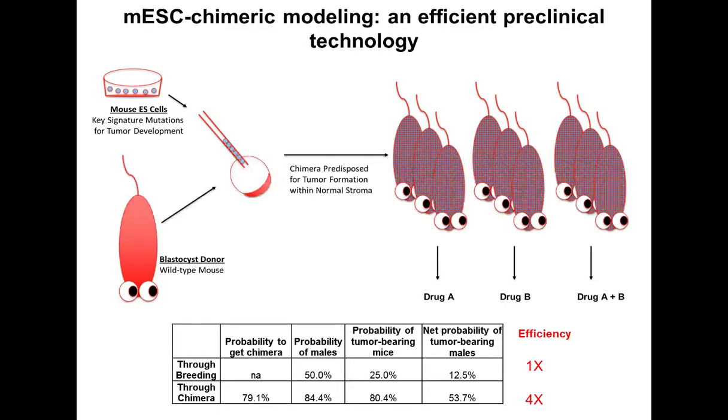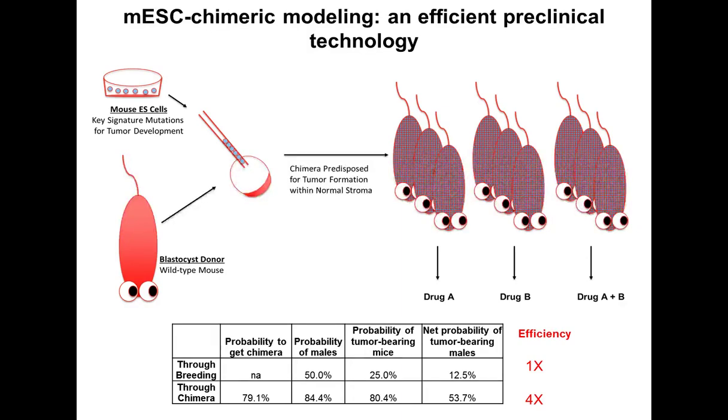So we resorted to a new technique called mouse embryonic stem cell chimeric modeling. This is a very efficient preclinical technology that can create a lot of chimera mice that are ready for drug testing. So basically the idea is we have this triple knockout mouse that has all those alleles that I showed in the last slide.